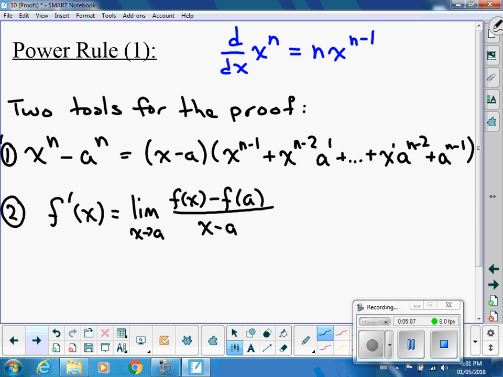In this expression, the way I'm closing the gap is that the value of x, the first term, gets closer and closer to the value of a, the second term. So I'm approaching a minus a and f of a minus f of a. Now that we have those two things established, we're ready to actually begin the proof.